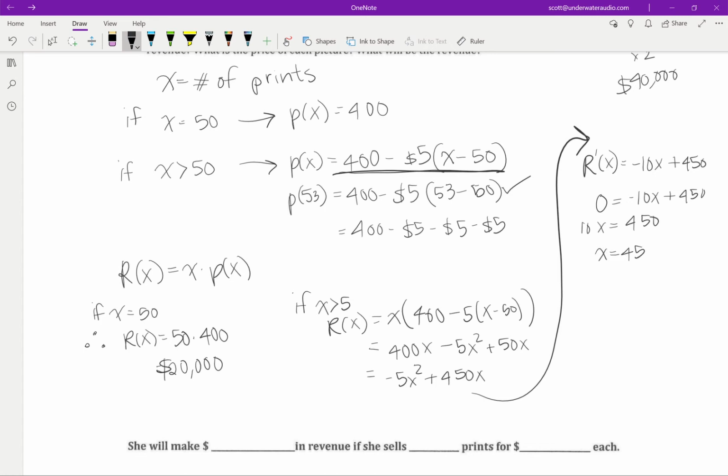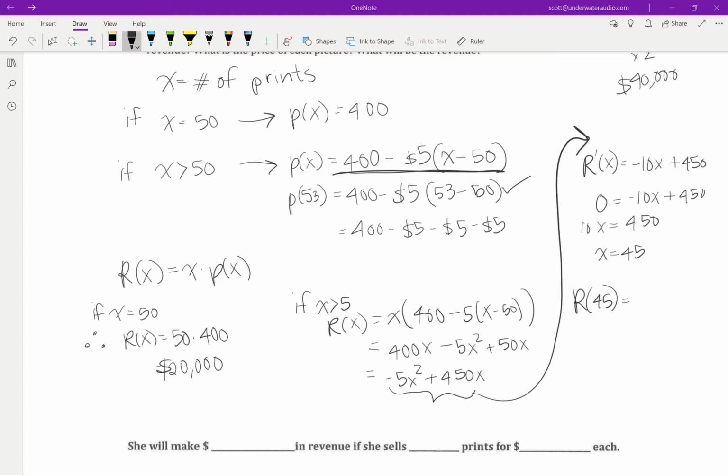Okay, so x equals 45, but that just tells me the number of units. It doesn't tell me what the revenue is. So I still need to plug 45 into my revenue, which I had right here. This is the easier one, so I'll do that in a calculator.